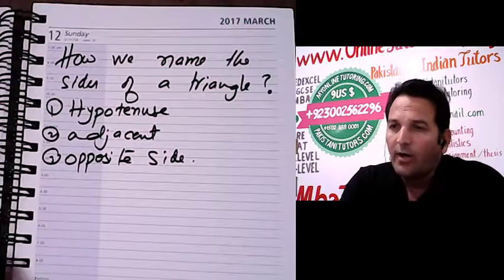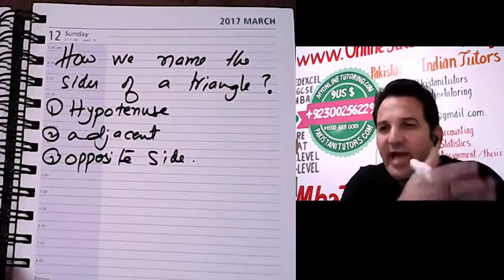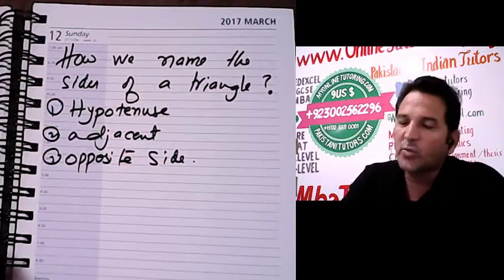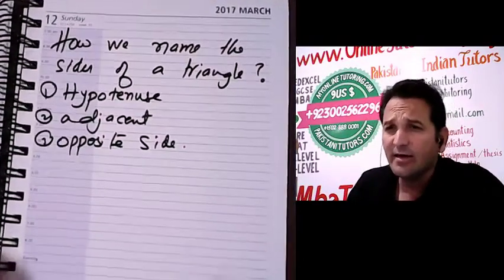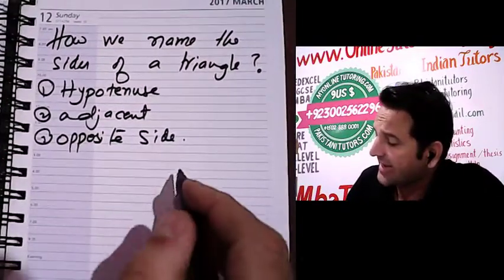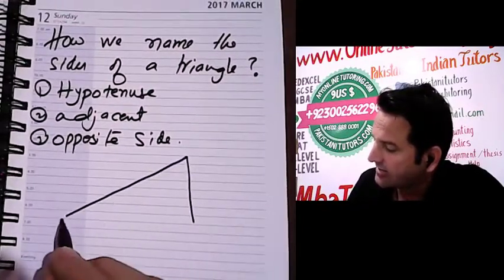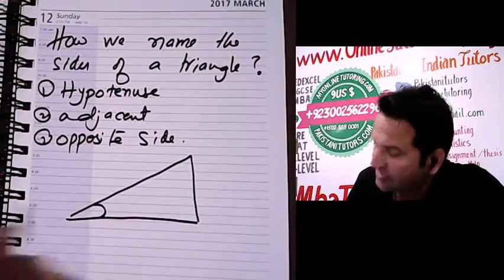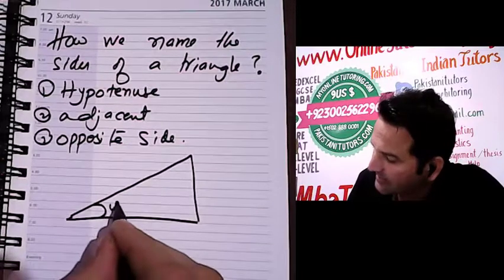On which basis do we say which side will be the hypotenuse, which will be the adjacent, and which will be the opposite side? Mainly the angle under study. For example, if I am drawing this triangle and we are talking about this angle, I am making a sign.